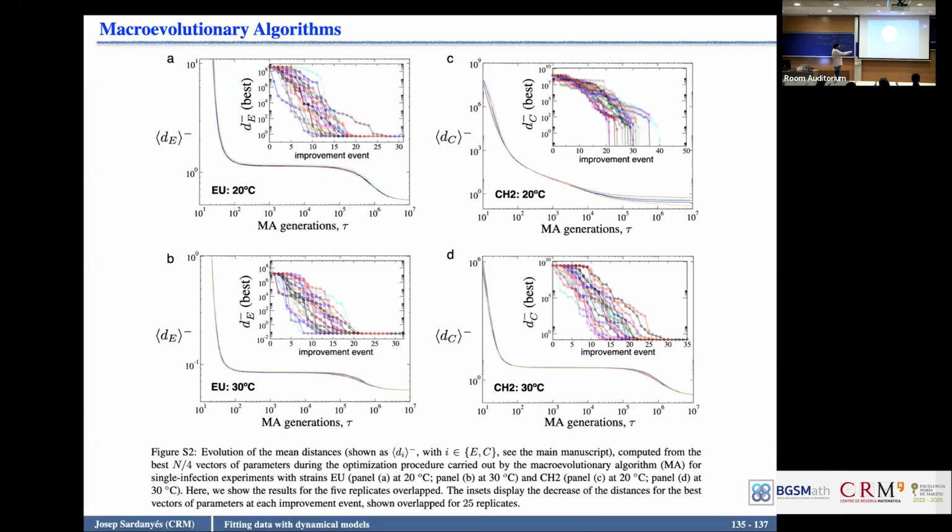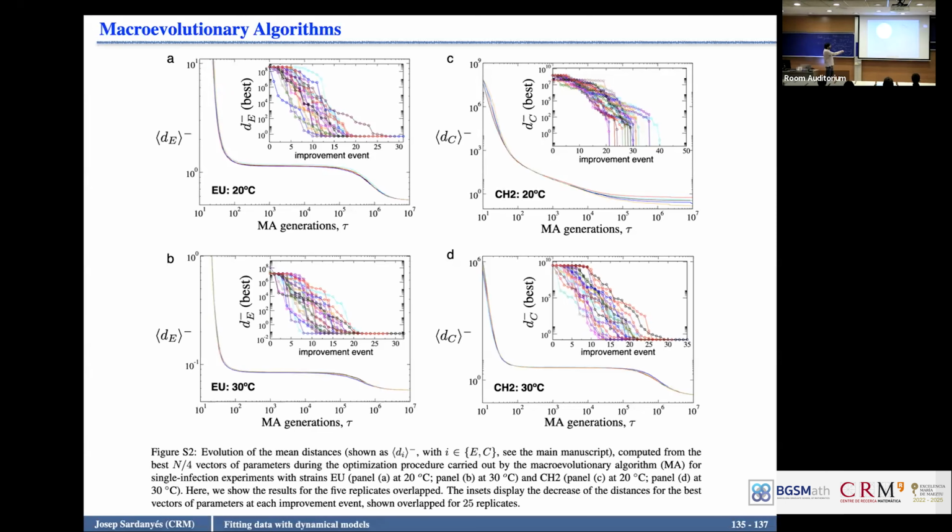And if you wait some more time, you can even see a larger jump. Okay. Here the fittings are quite good, but sometimes you need quite a lot of time to get good values. So this is a way we can visualize it. Another way is to make a plot every time we have a new best distance.